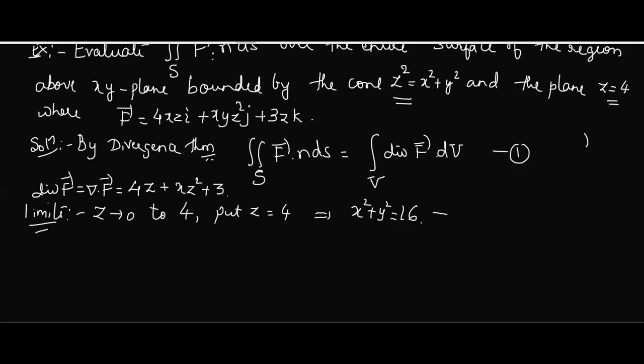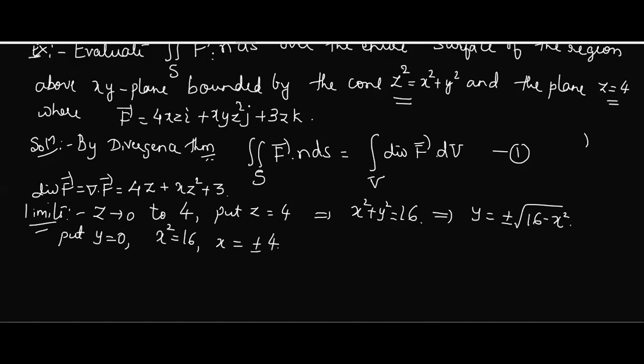The limit for y is plus or minus root of 16 minus x squared. To get the limit for x, put y equal to 0, then you get x squared as 16, or x equal to plus or minus 4. This is how it has to be obtained.